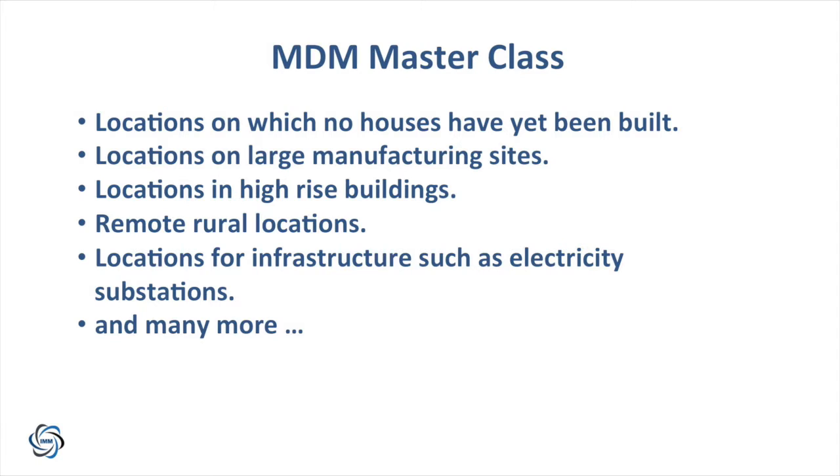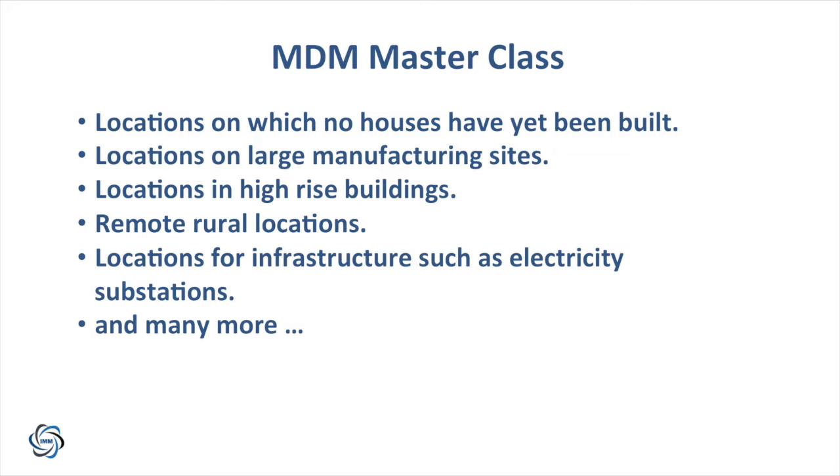Locations on large manufacturing sites. For example, a petrochemical company might have a distillation plant or a workshop or head office, or fire department. These are locations that need to be addressed and uniquely identified so people can get to them. And not just the people who work on the plant. You might have to call services from outside, even like the fire brigade, so they can turn up and everybody can get to the right place at the right time.